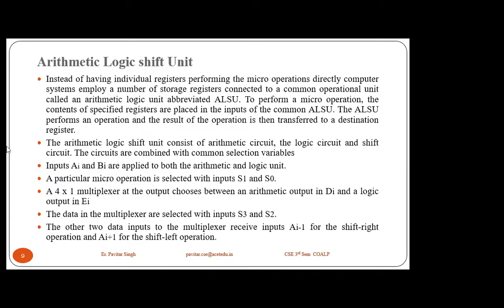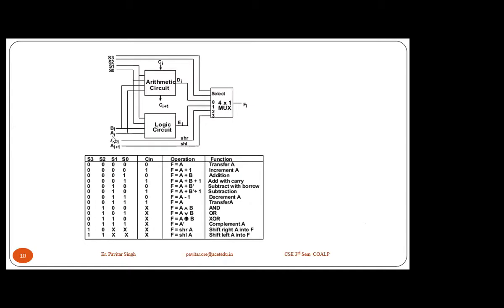The inputs AI and BI are applied to both the arithmetic and logic circuits. So here you can see that the AI input and the BI input are connected to both the circuits. That is, it is connected to the logic circuit with the help of these two lines, and it is connected to the arithmetic circuit with the help of these two lines, right?